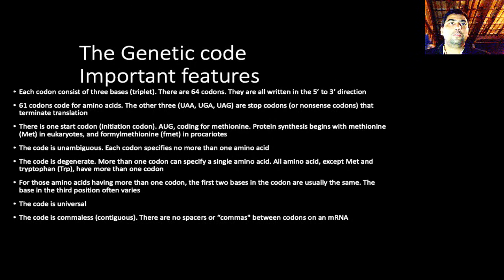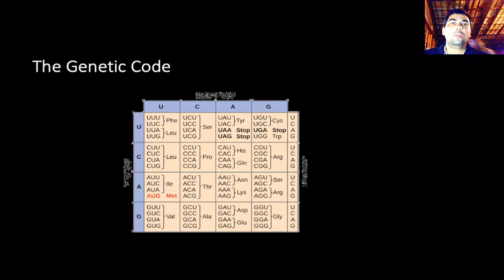The code is commaless, or contiguous. There are no spacers or commas between codons on a messenger RNA. Neighboring codons on a message are non-overlapping. You can see in this table phenylalanine, UUC, both code for phenylalanine.